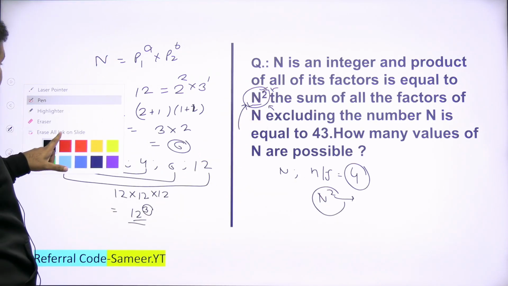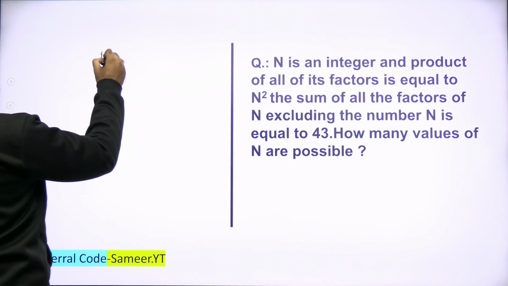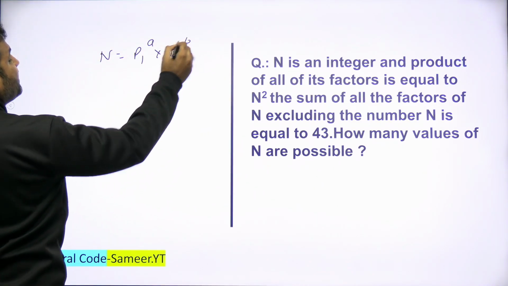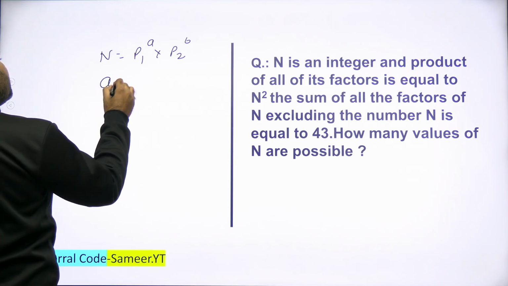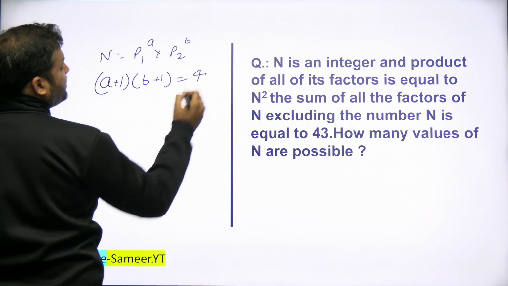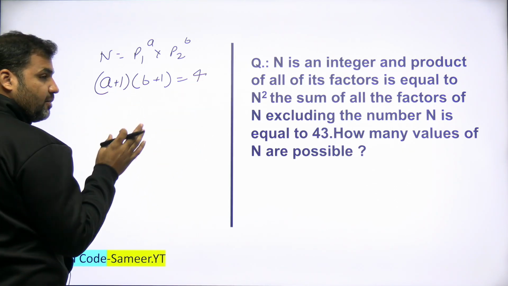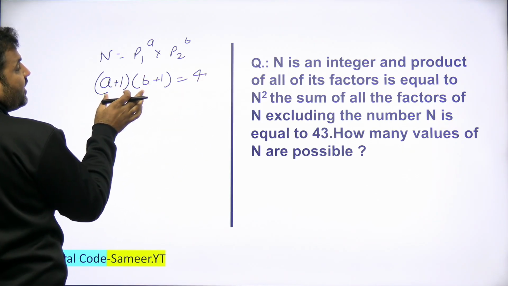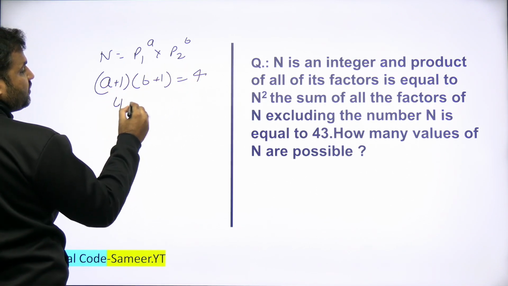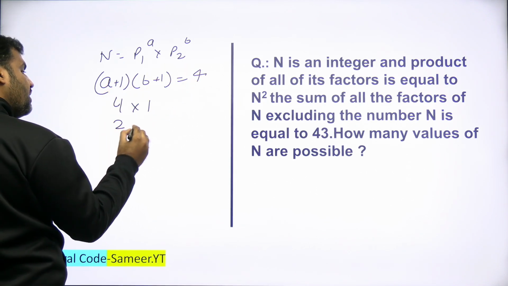So now we get to know that n as a number p1 power a multiplied by p2 power b has a total of 4 factors. That means (a plus 1) multiplied by (b plus 1) should come out to be 4. Now here you'll be using the basic concepts of product. How can you have the product of 2 numbers equal to 4? Either it will be 4 into 1 or it will be 2 into 2.